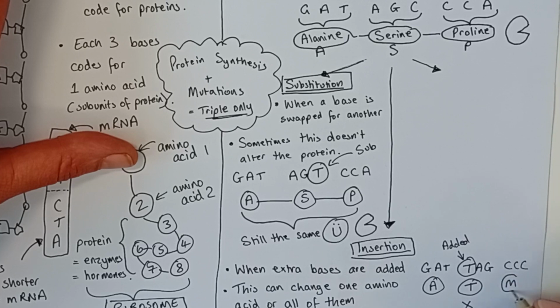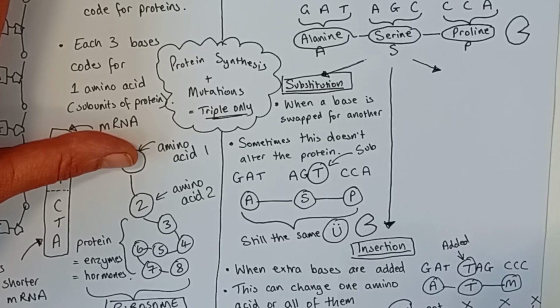I'm going to call it M, which is also wrong. And the next one will be wrong. And the next one will be wrong. So all of these are wrong. And what that means is the protein chain probably isn't going to make the right shaped enzyme. It's probably going to have a funny shaped active site, and it's not going to work.